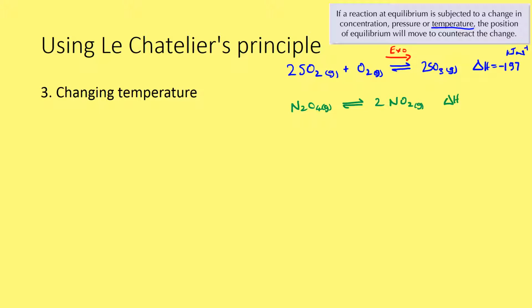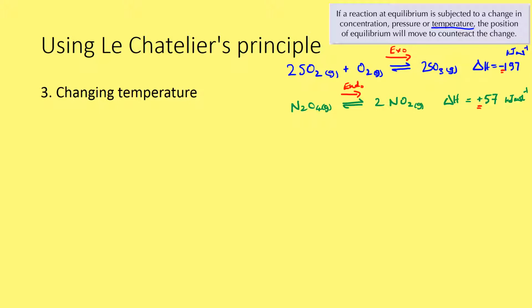The enthalpy change for the forward reaction in that case is a positive 57 kilojoules per mole. So this forward direction is endothermic because it's positive, whereas the blue one was exothermic because our enthalpy change was negative.